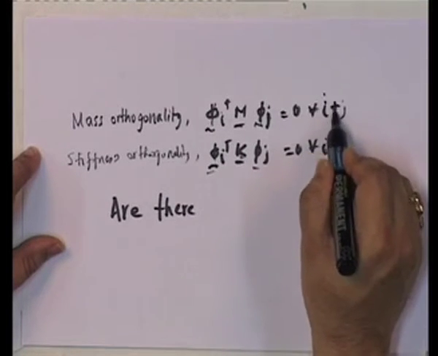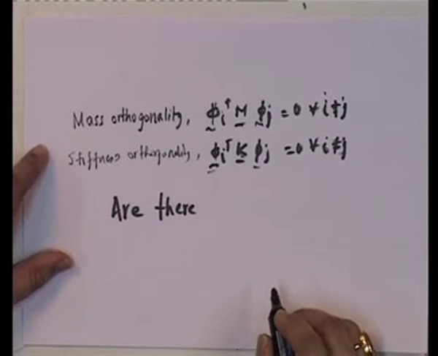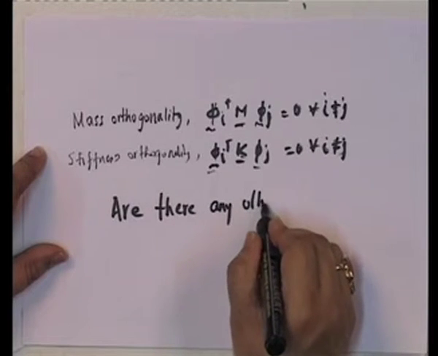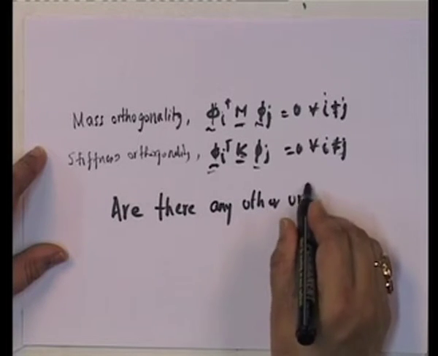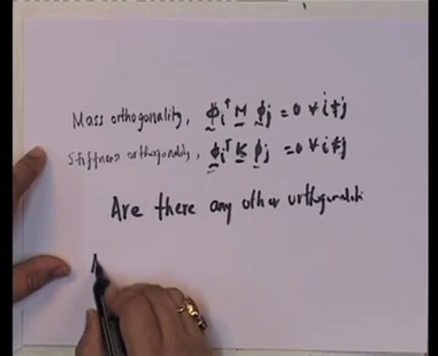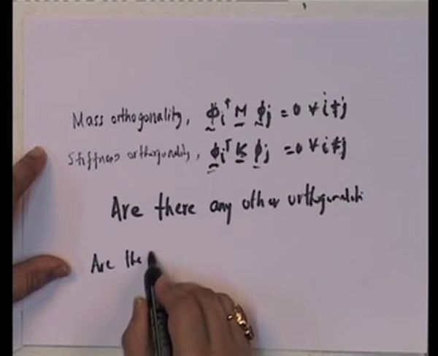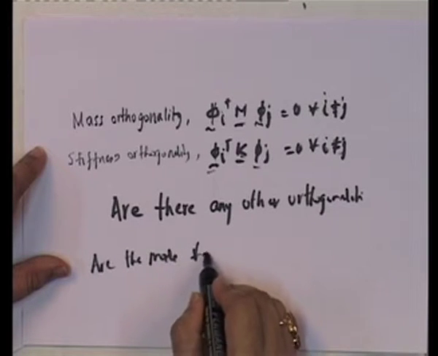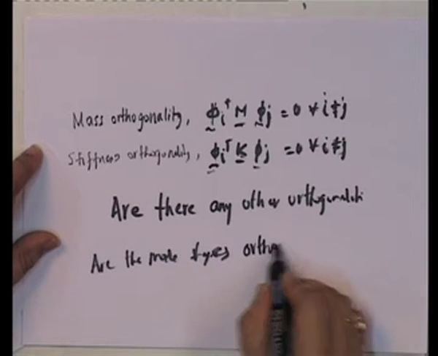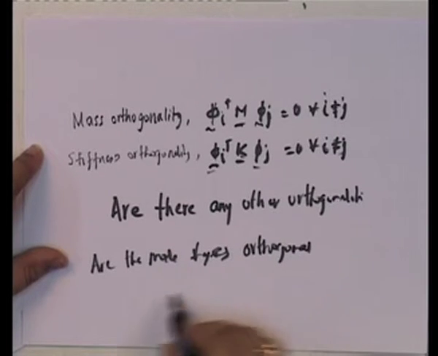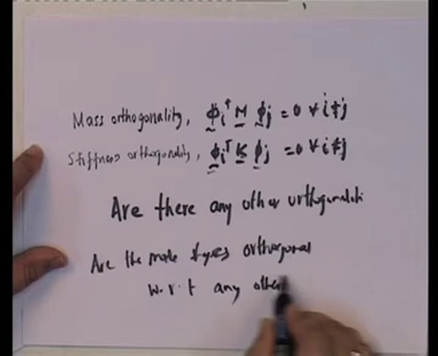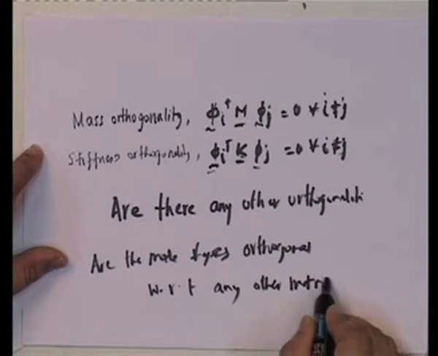Are there any other orthogonalities? In other words, are the mode shapes orthogonal with respect to any other matrix?